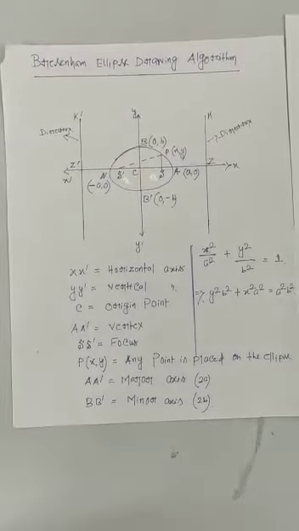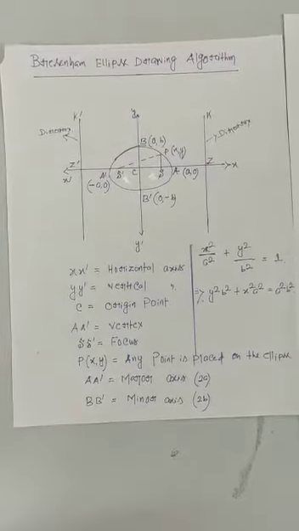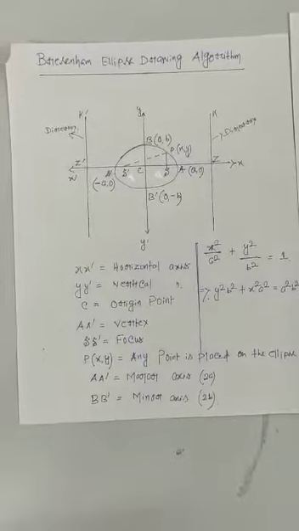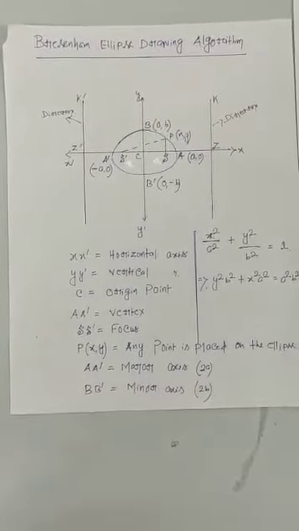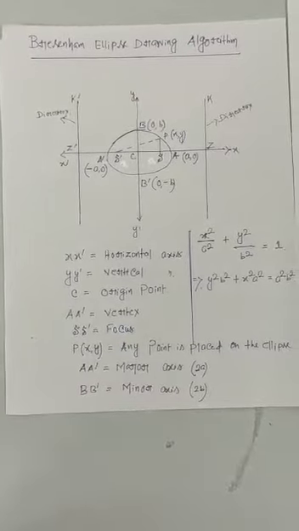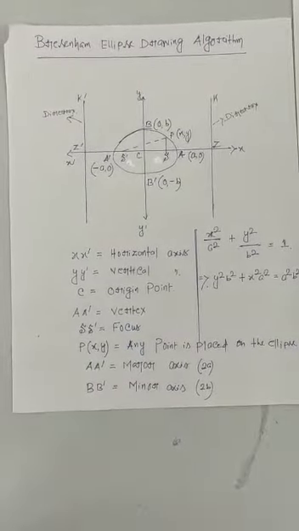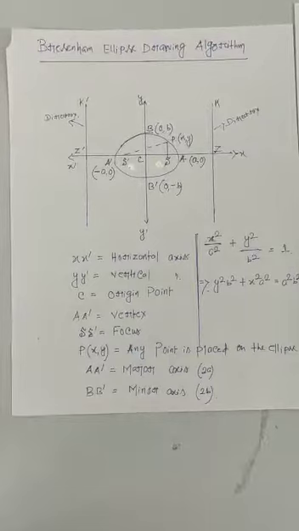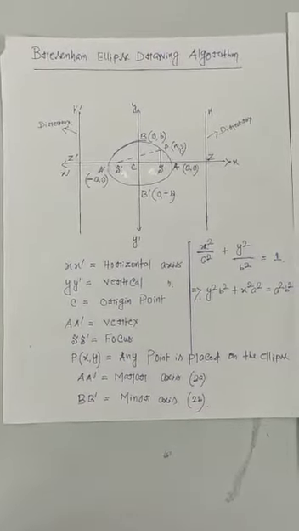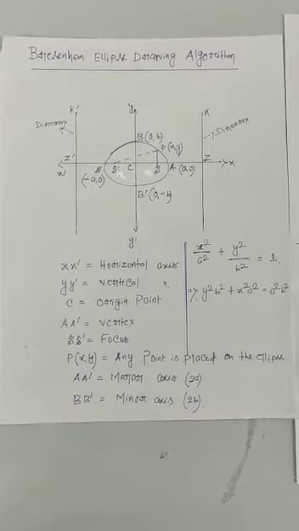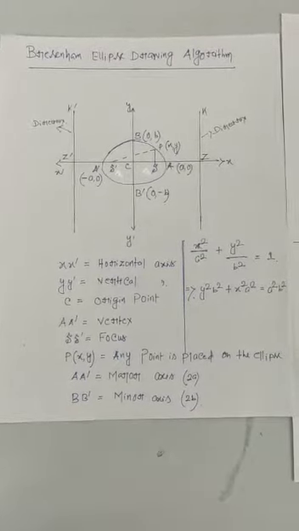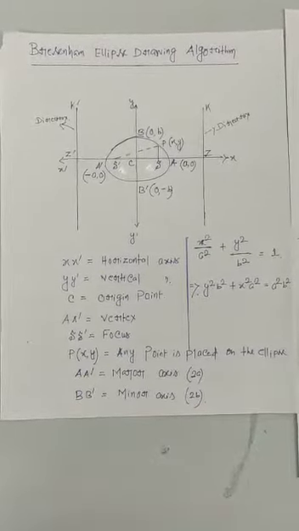Length is 2b. B point coordinate value is (0, b) and B' point coordinate value is (0, -b). Here KZ and K'Z' are called directrices. Now the generic equation of an ellipse is x squared by a squared plus y squared by b squared equal to 1.